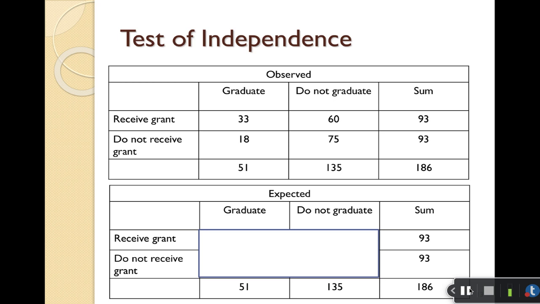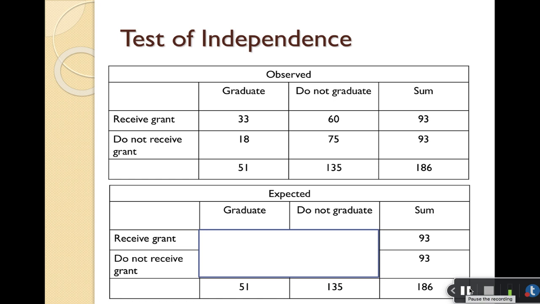We had 93 that received the grant, 93 that did not receive the grant, for a total of 186 participants. Likewise, if we look down the columns, out of our 186 people, we have 51 who graduated, and we had 135 who did not graduate. So not really great stats at this particular school, but this is the data that we have available to work with.